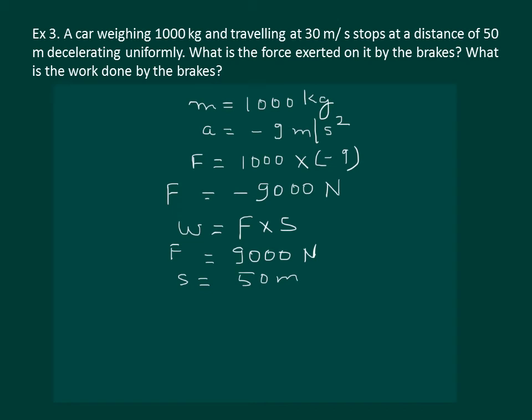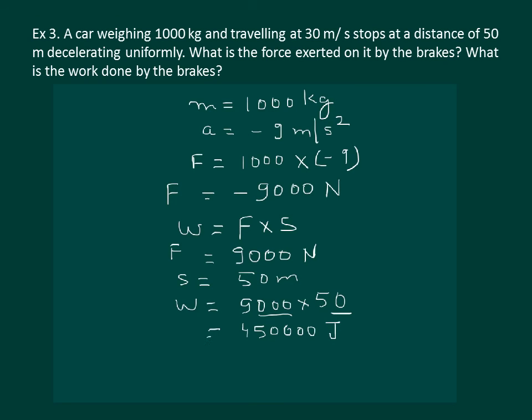So the total work done is 9000 into 50. 9 into 5 is 45, and zeros: 3 plus 1, four zeros.